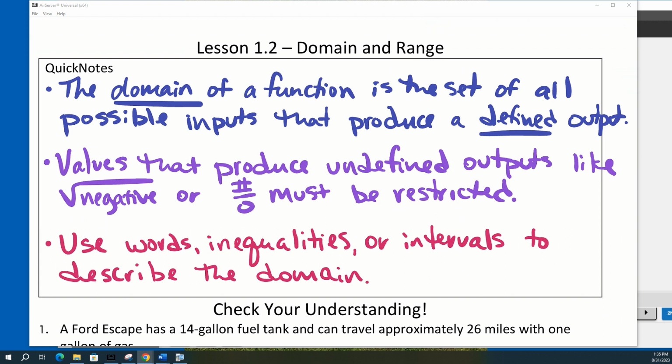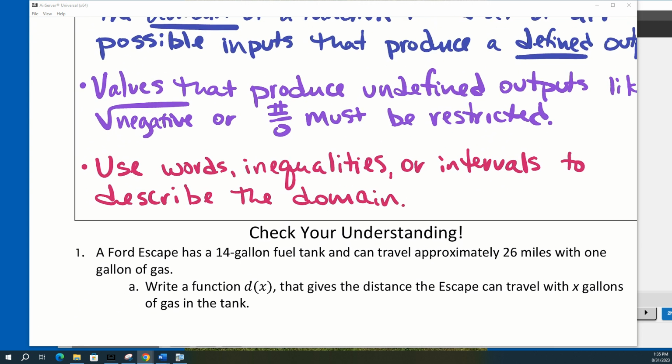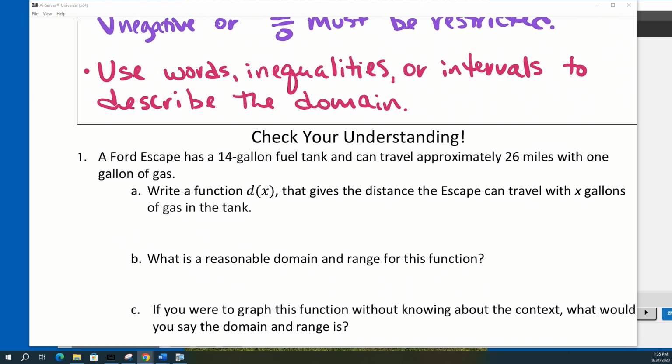All right, now we're going to start off with the contextual problem. So contextual domain and range is a little different than just looking at a graph and telling the domain and range. On number 1, a Ford Escape has a 14-gallon fuel tank and can travel approximately 26 miles on 1 gallon of gas. A tells us to write a function called D that gives the distance the Escape can travel with x gallons of gas in the tank.